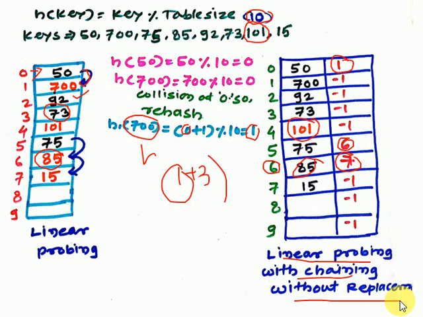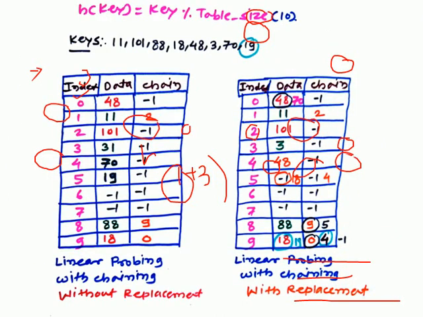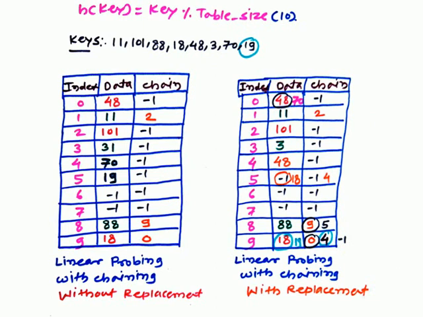Now the next concept we will see, again in linear probing, is linear probing with chaining with replacement. If you look at this example, these are the keys I want to insert: 11, 101, 88, 18, 48, 370, 19.